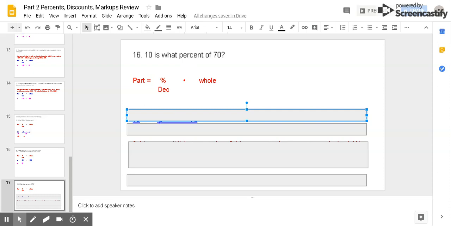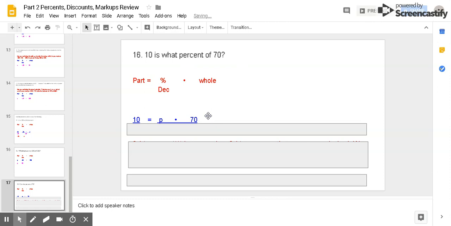I actually called it P here. So my equation should be: part is 10, 10 equals what percent, which I called P, times the total amount, or your whole, which is 70.